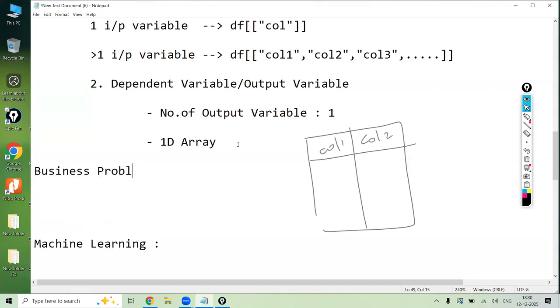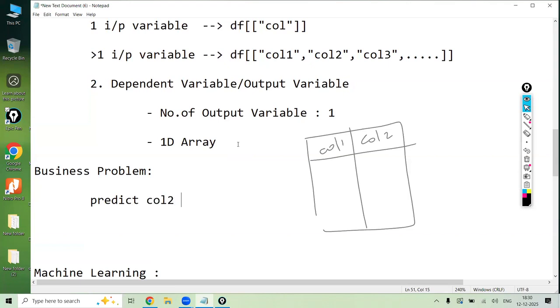In the business problem, if they ask you to predict column 2, whatever they're asking to predict for us, that is only the output. Whatever they ask for the prediction, that is only the output.